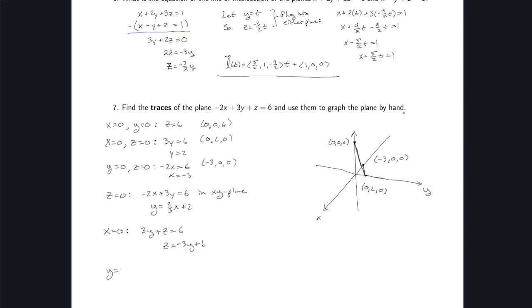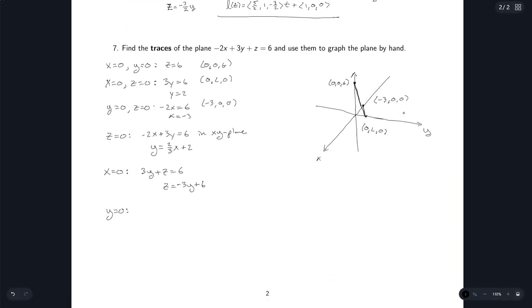Finally, if y equals 0, we'd have negative 2x plus z equals 6. I'm going to solve for z again: z equals 2x plus 6. And if x is 0, z is 6. If x is negative 3, z is 0. And this is going to connect these 2 points. And so we get that our plane is going to go through those 3 points right there.